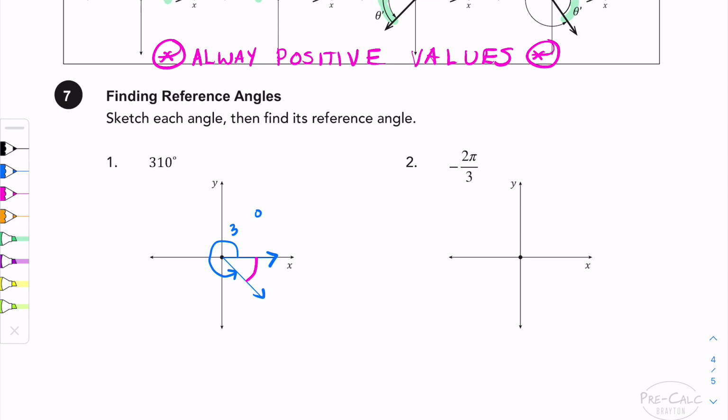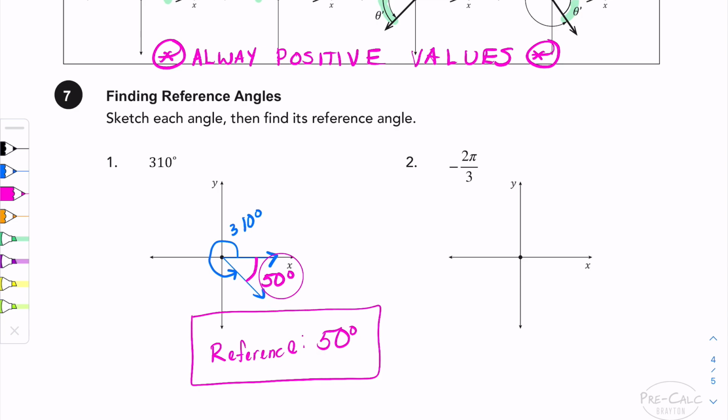If we're graphing 310, that means that our reference angle is 50 degrees shy of 360, and 50 degrees is your reference angle. It returns to the closest x-axis, and reference angles are always less than 90 degrees and always positive.